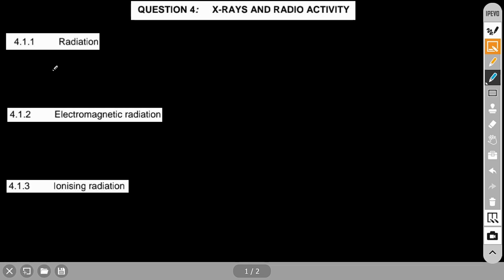So first definition is radiation. What is radiation, guys? It is the transmission of energy in the form of waves.